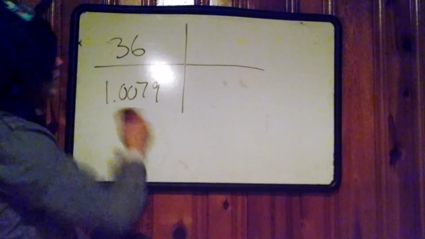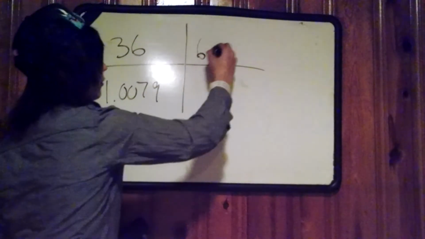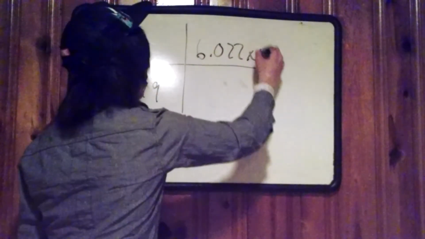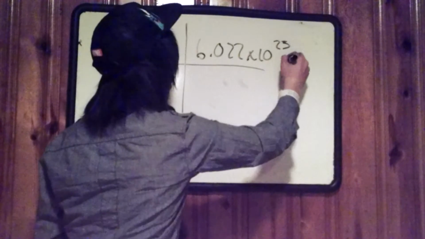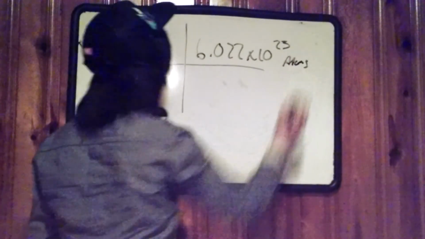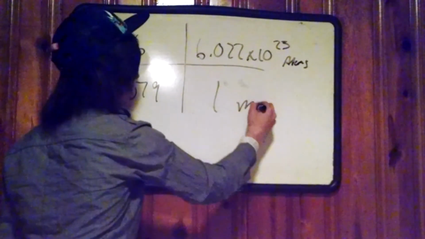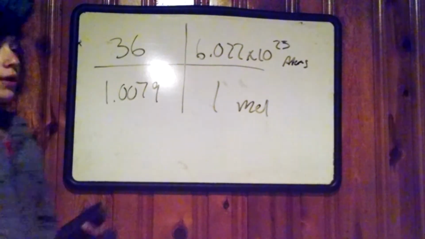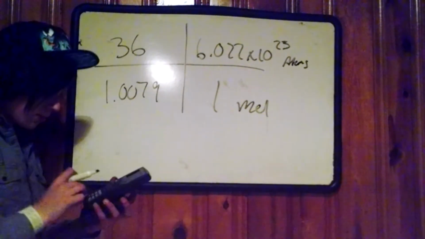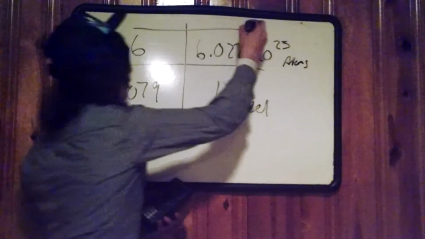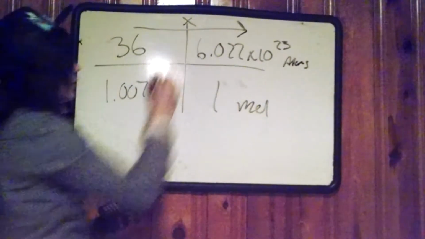Well, actually, we can finish it this way. And we have 6.022 times 10 to the 23rd power atoms over 1 mole. We can multiply across like this.